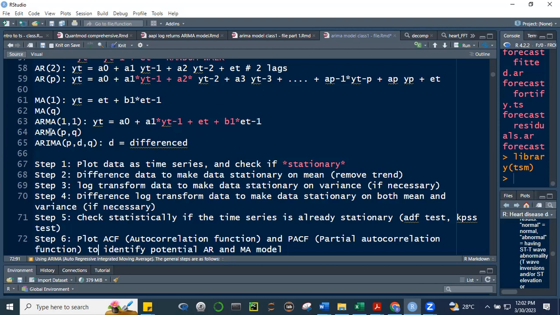Okay, so ganun din sa ARMA PQ. Si ARMA PQ naman will have yung sa ARMA P dito, lag P, and Q will be for the MA process. So this P and Q are the, let's say, default parameters for the lag of the AR component and the lag of the MA component, yung P at saka Q.